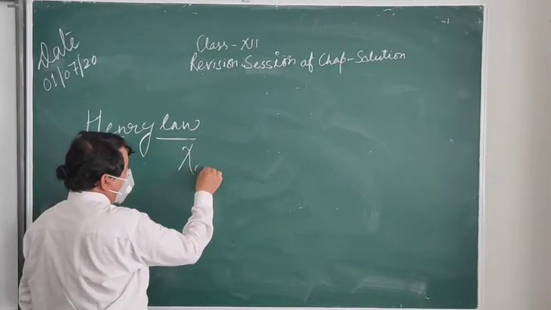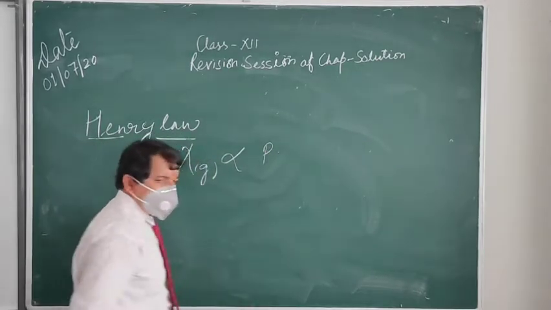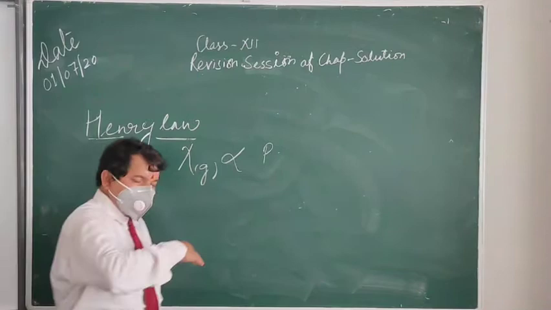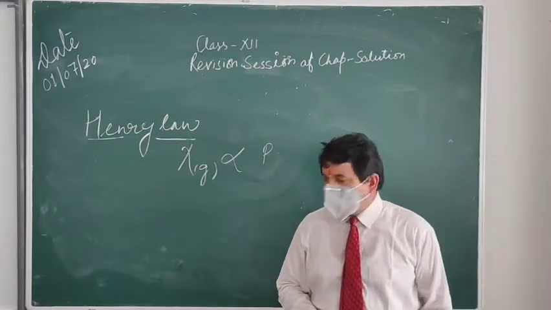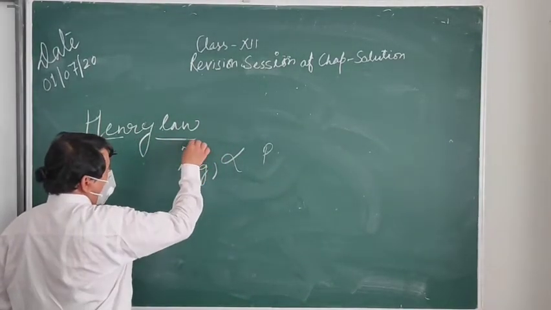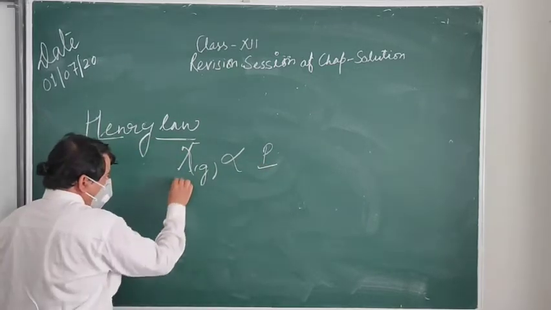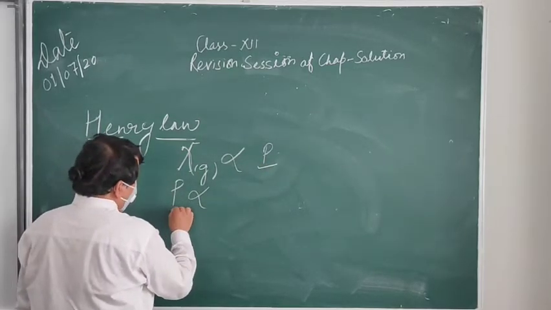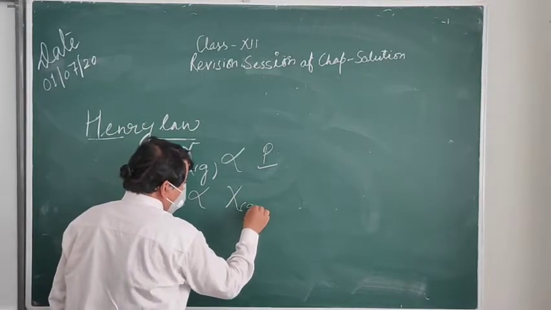Mole fraction of gas is directly proportional to the partial pressure of that particular gas applied on the surface of that liquid. So you can say the mole fraction of gas is directly proportional to pressure, or you can say the partial pressure of gas is directly proportional to the mole fraction of that particular gas.